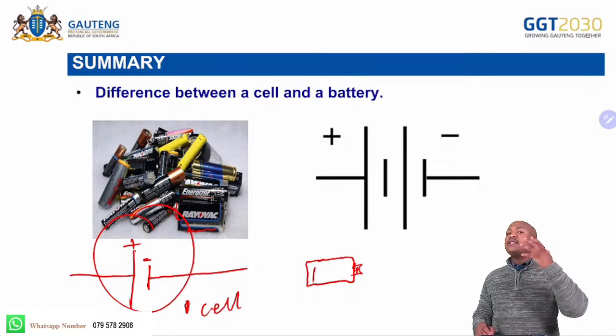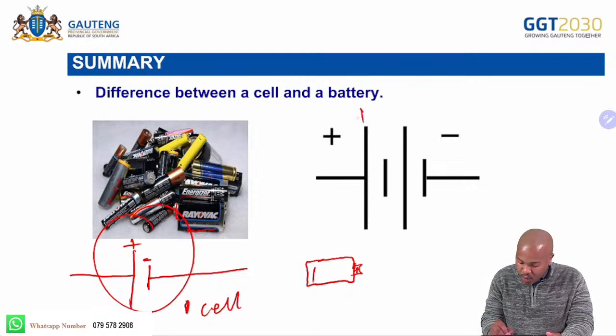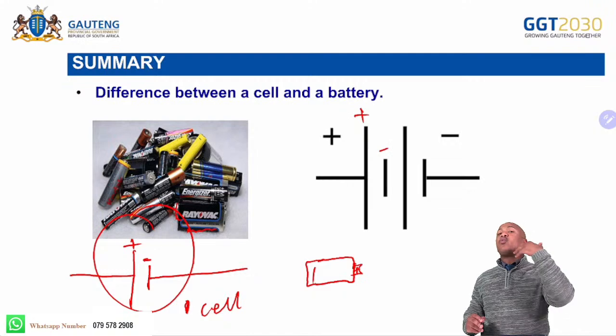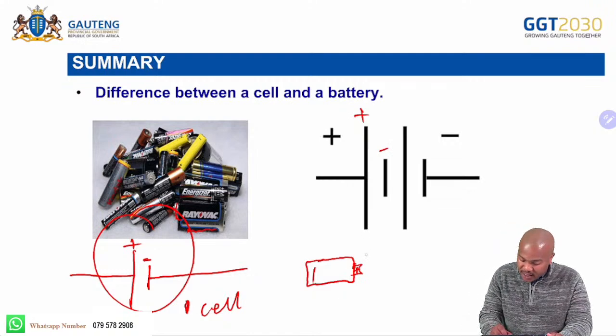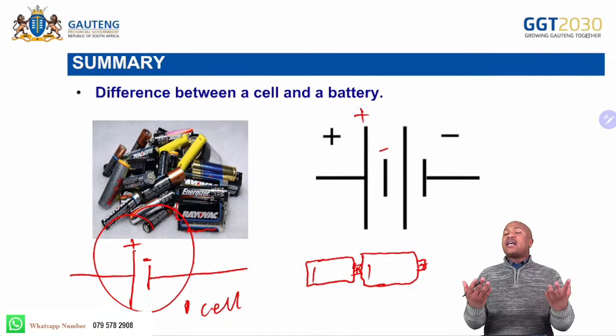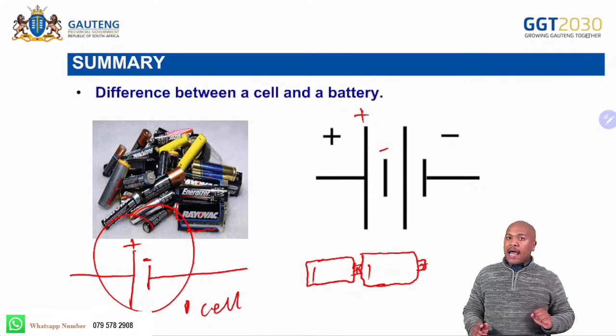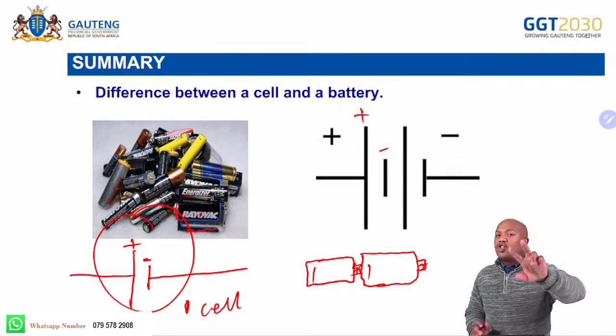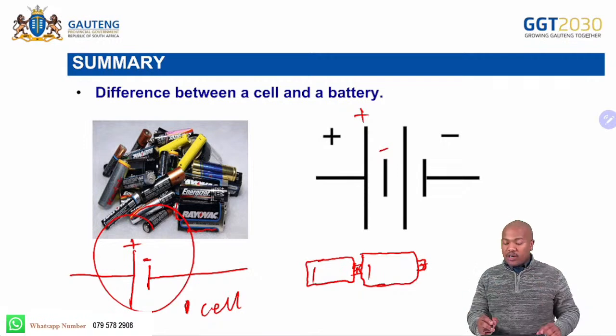That is one cell. Hence you can see here, one positive, one negative. Then you have another cell connected to it here. It also has a positive terminal and a negative terminal. Now there are two cells, they are in plural form, and we therefore say now it is a battery.